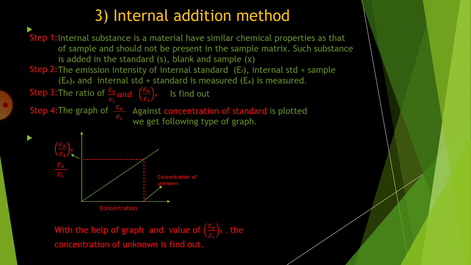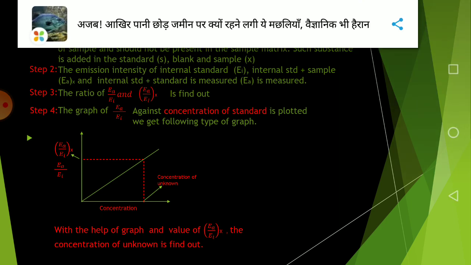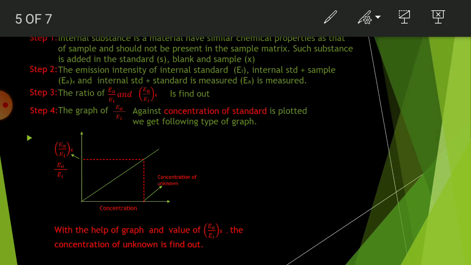Now the graph of EA to EI against the concentration of standard is plotted. We get a straight line passing through the origin. Then with the help of EA to EIX, that is for the sample, by using that value, we can find out the concentration of the unknown. With the help of the graph and the value of EA to EIX, the concentration of the unknown is found out.